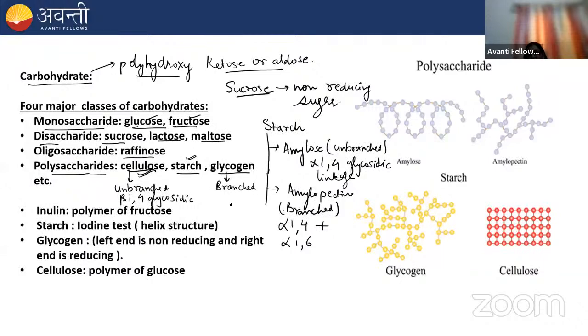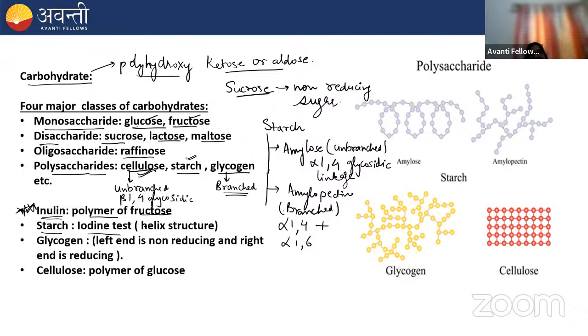Remember all these points, beta. Next one is inulin. Inulin is a polymer of fructose. Remember this, it's very important. Cellulose is a polymer of glucose, starch also has glucose, glycogen also has glucose, but inulin is a polymer of fructose.